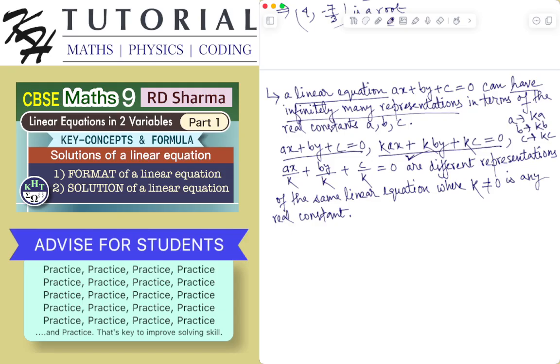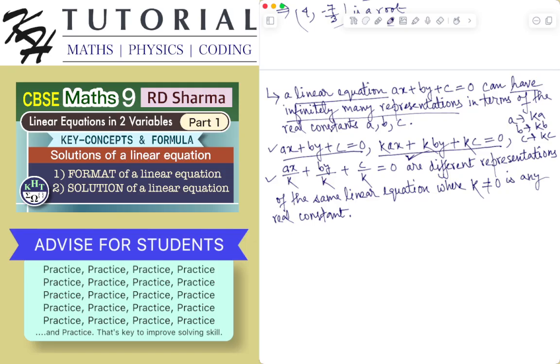Similarly, I can divide any given linear equation in the standard form by some non-zero constant, let's say k. So I have ax divided by k plus by divided by k plus c divided by k equals 0. This equation will look different because the constant a has now become a by k, b has become b by k, and c has become c by k.